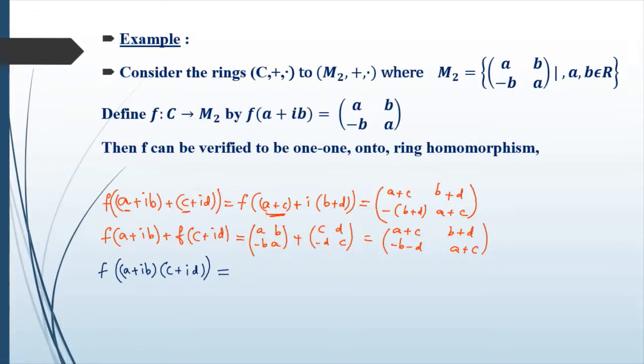So this is equal to f of, while multiplying two complex numbers, the real part ac minus bd and the imaginary part ad plus bc.